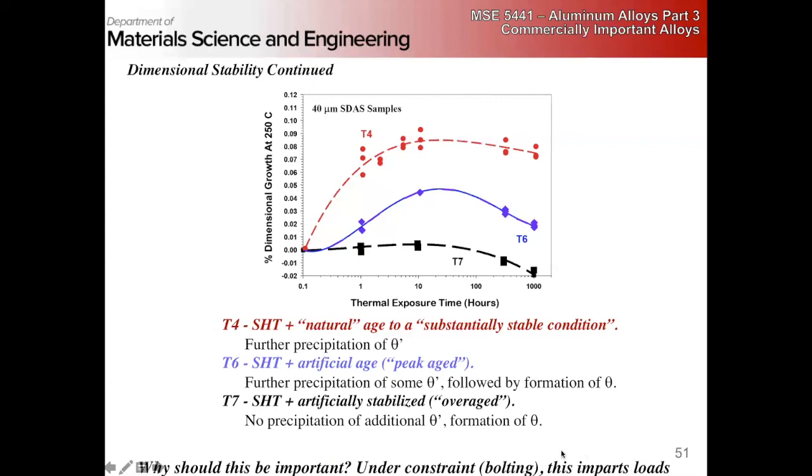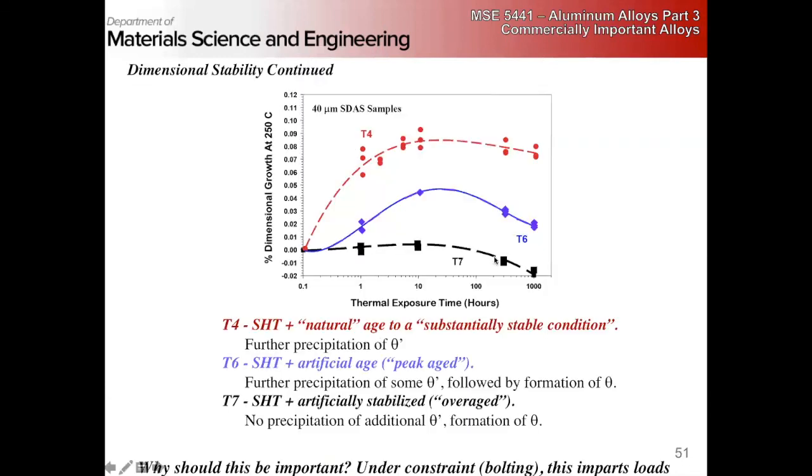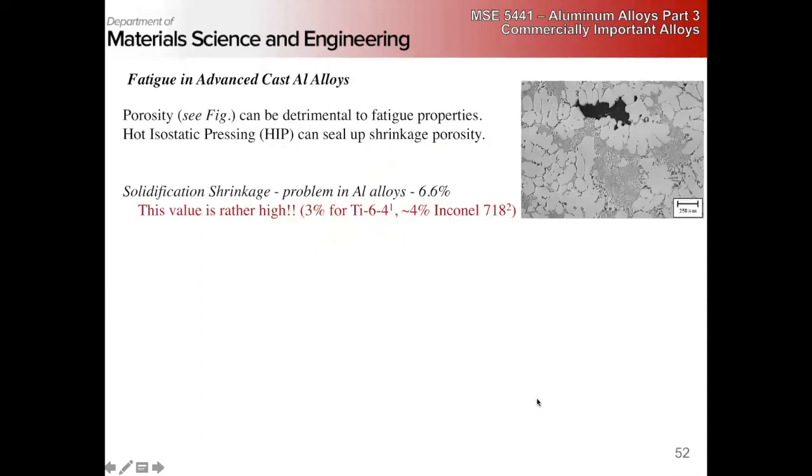We also have other things mounted to the engine block, not just the cylinder heads. So this is a big cause for fatigue. We have stresses and thermal strains. This porosity is very detrimental.